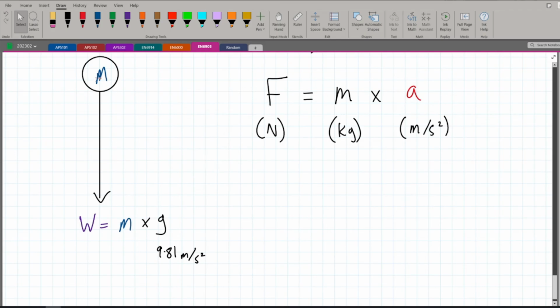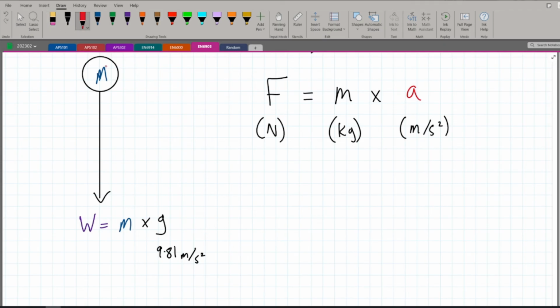So when we're talking about a free falling body, the weight is our force, and gravity is our acceleration. So we use G as our acceleration. In other words, W is equal to mass times acceleration.